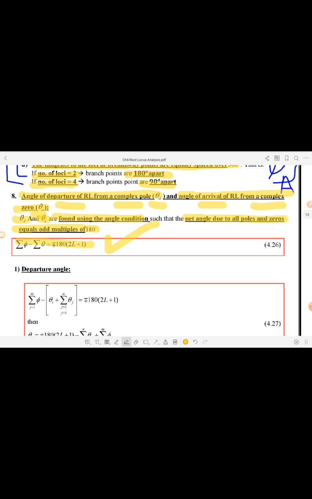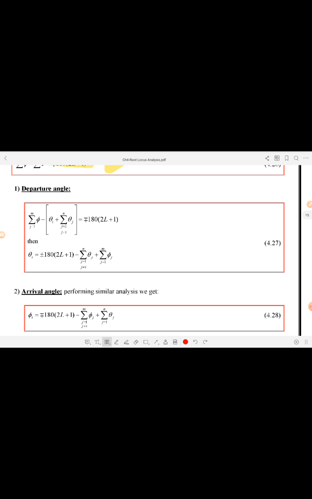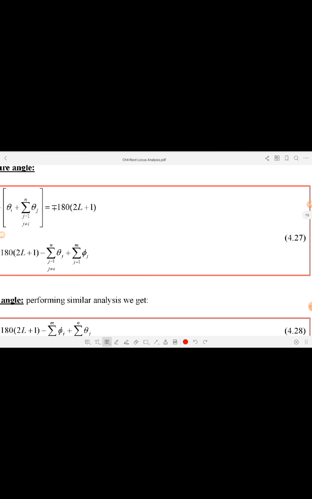So how do we determine the angle of departure or angle of arrival? Let me describe it in the following manner.